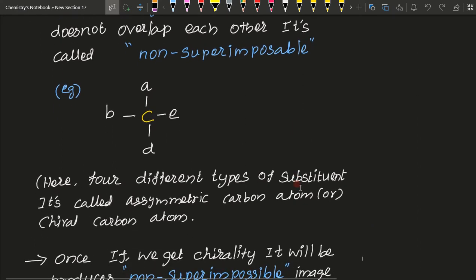For example, this is the carbon atom, this is the A group, this is the B group, this is the D group, this is the E group. Here there are 4 different types of substituents. It is called asymmetric carbon or chiral carbon. So please note these words: asymmetric carbon, chiral carbon and non-superimposable. Both are denoted the same.